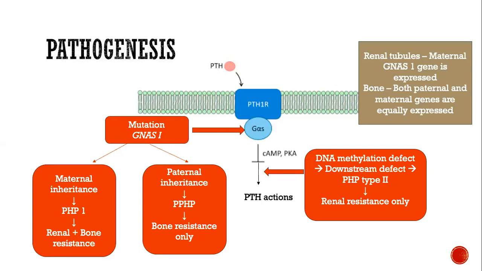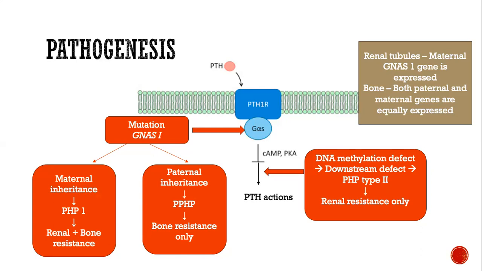is depicted in this picture. You can see parathyroid hormone acts via the parathyroid hormone type 1 receptor. And when there is a mutation in the GNAS1 gene, it affects the stimulatory G protein of the parathyroid hormone type 1 receptor. If it is inherited as maternal inheritance, there occurs pseudohypoparathyroidism type 1, causing both renal and bone resistance.